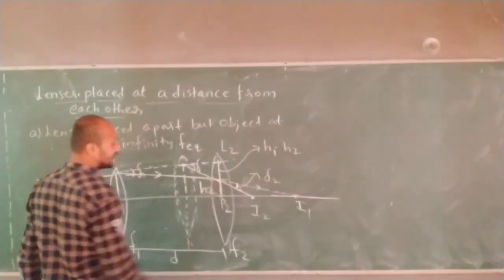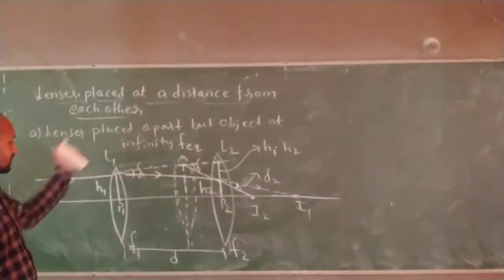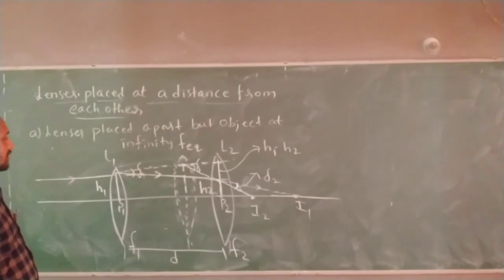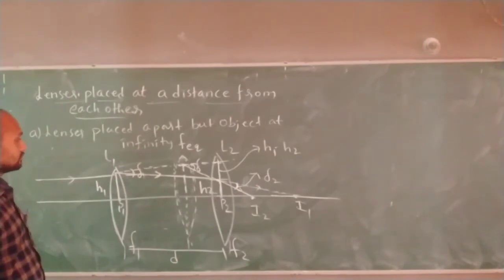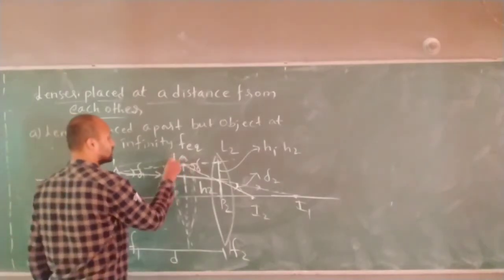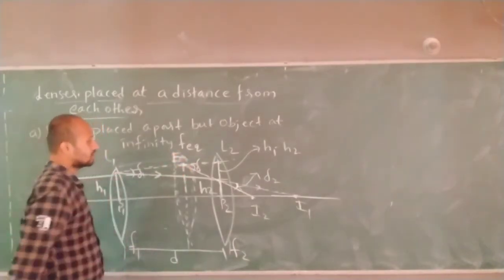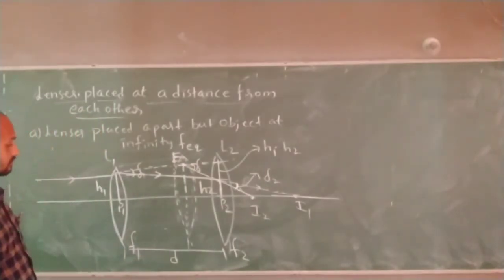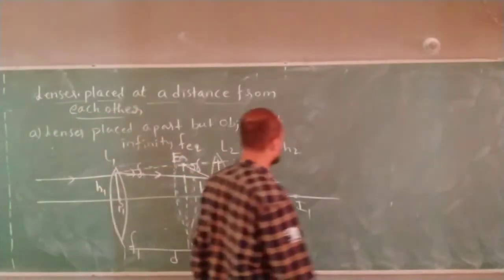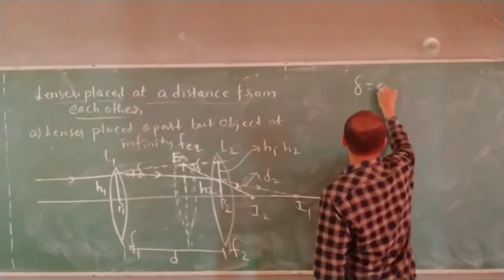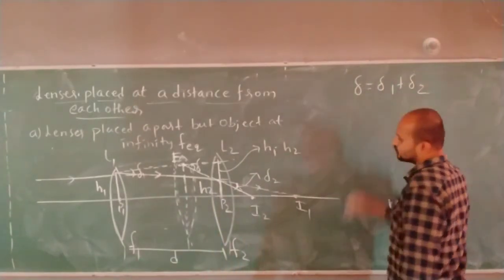Now the total deviation of this combination, if you ask me, correct now? What is the total deviation? Let us consider this point as E. See here, total deviation is delta1 plus delta2.